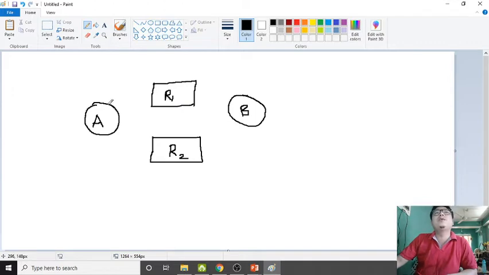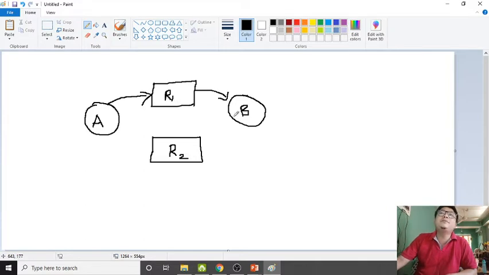So first of all, what will happen is that process A will request resource R1 because it needs to complete its task. But R1 is busy with somebody else. R1, the printer, may currently be used by another process B. A printer is that kind of resource which cannot be shared at the same time.